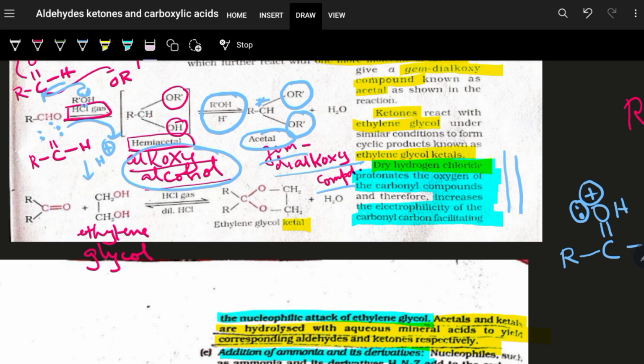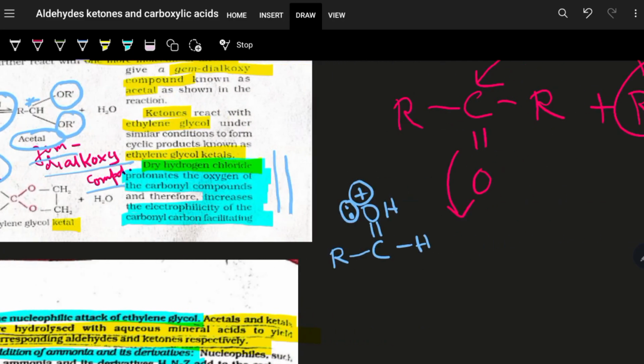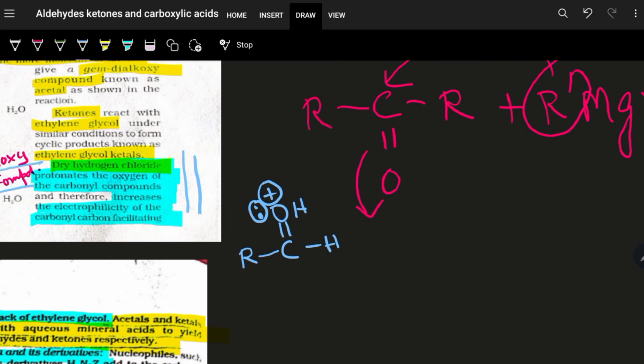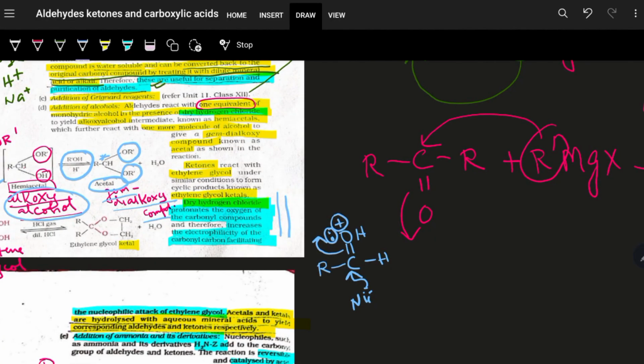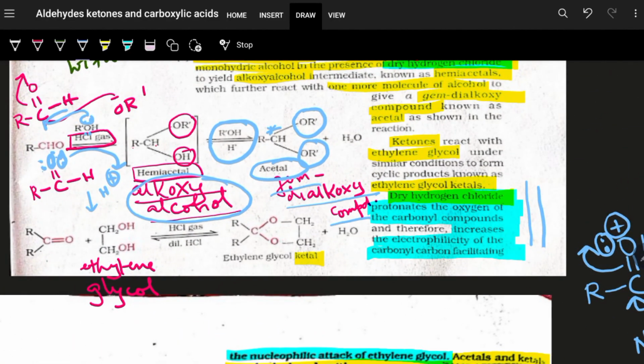This is the oxygen atom with one lone pair. The proton is abstracted and oxygen gets a positive charge. Since it gets a positive charge, it is more prone to a nucleophilic attack. The nucleophile will attack here and this oxygen will open up in order to become neutral. So to increase the electrophilicity of the carbonyl carbon, dry HCl gas is used.